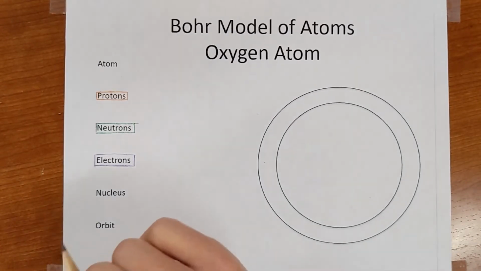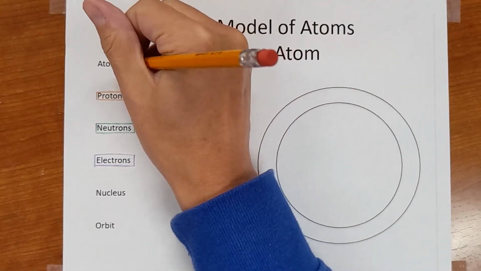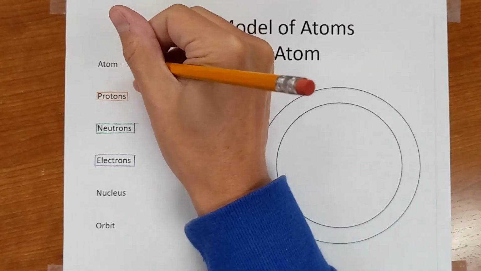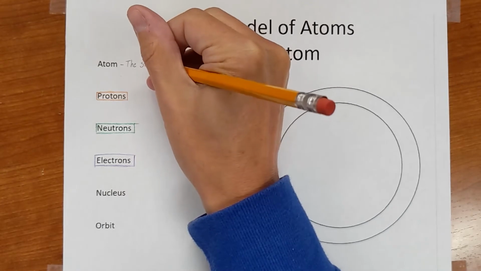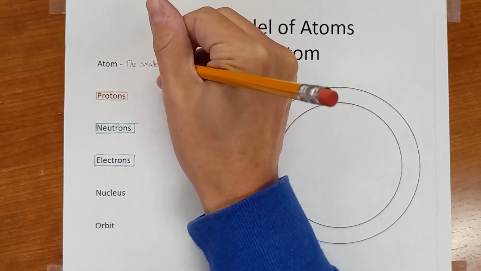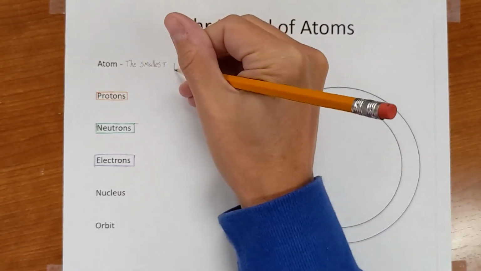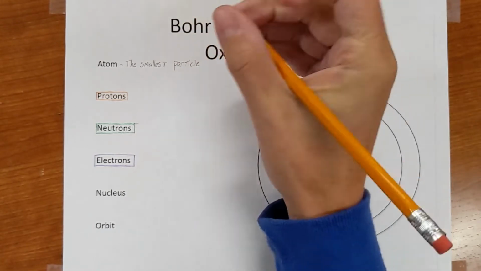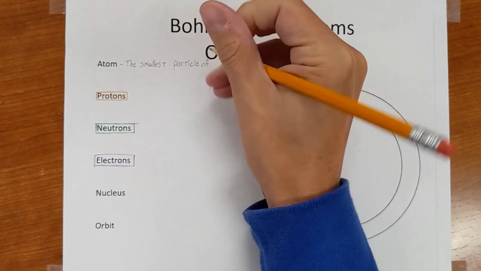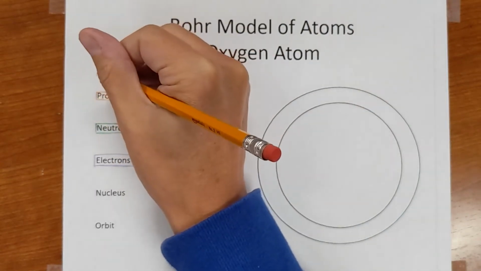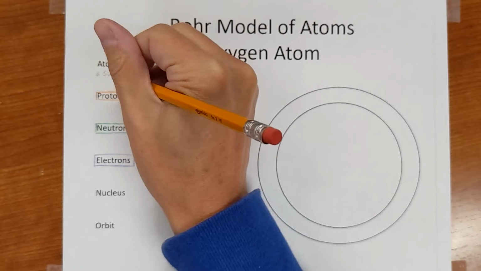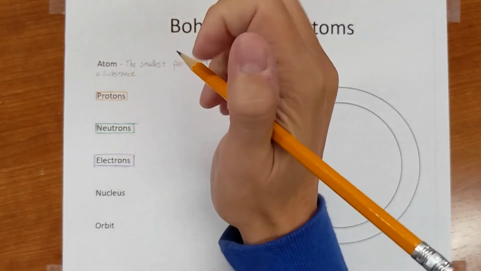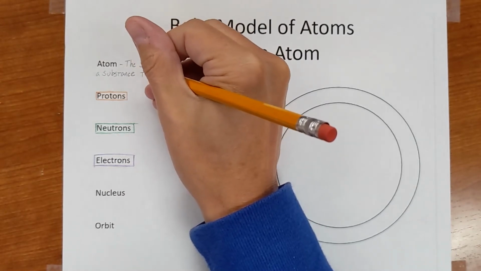Let's define some of these words first though. So an atom, it's the smallest particle of a substance that can exist alone or in combination.